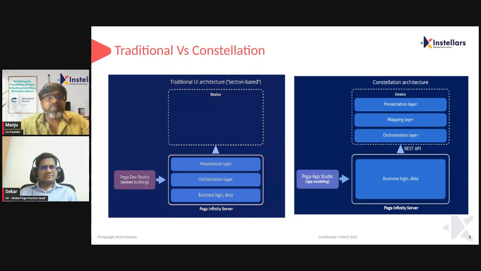That enables faster time to market with pre-built templates and patterns, and reduces a lot of effort in UI customization. I could also see there is a REST API in between. It is API-driven, a headless UI integration, for better scalability in terms of the UI, which is great. I think this diagram clearly explains the traditional versus Constellation components.